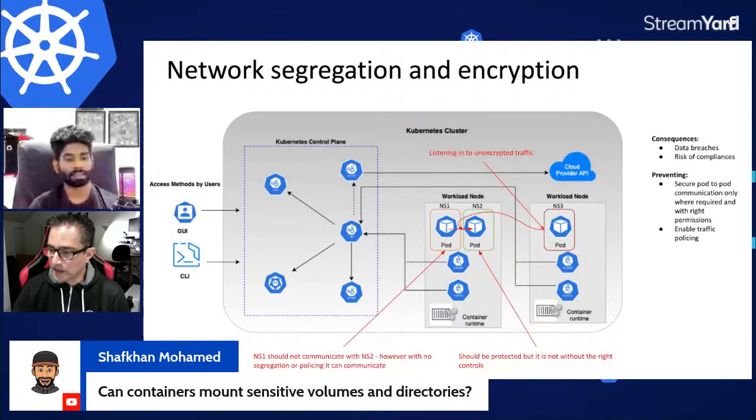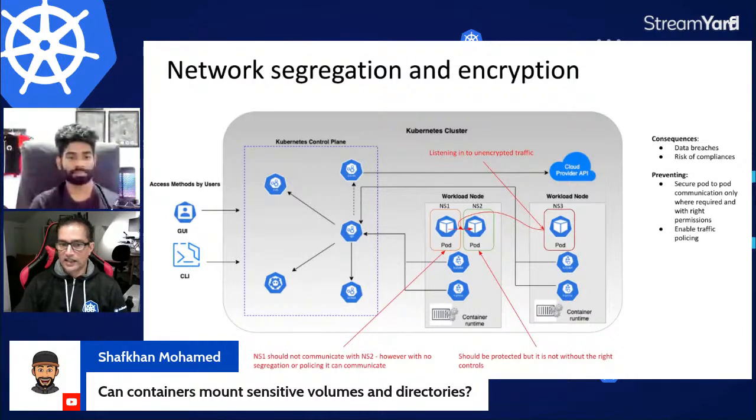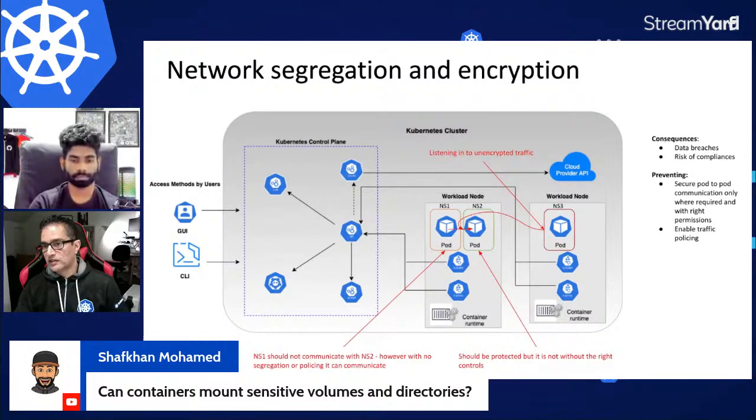Okay, so containers can mount volumes and local host paths, but should you do that? If you're going to do that, make sure that they are encrypted. That's one option. The other is, if you're going to do sensitive stuff, have it in memory, injected into memory. That way, even if the pod dies, you're not accidentally leaving it behind.